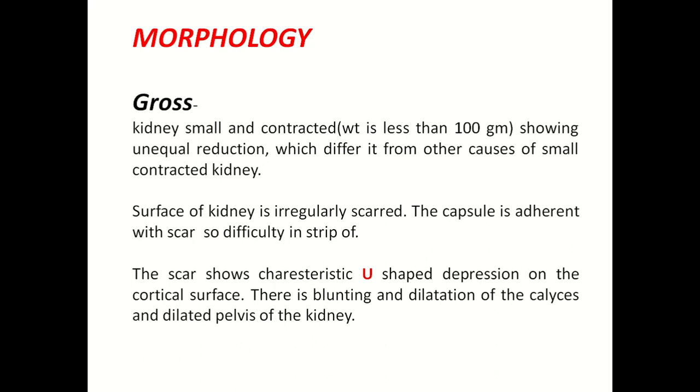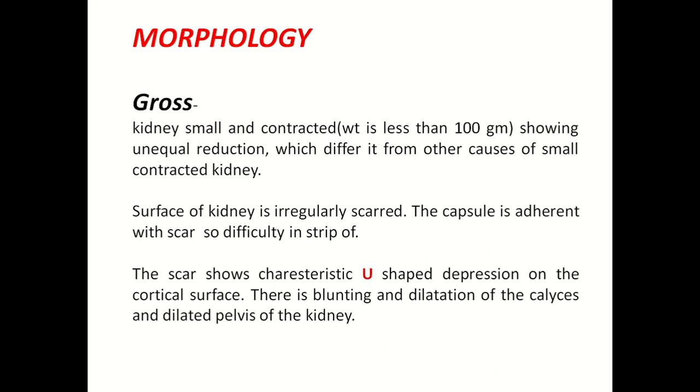Now, what is the appearance of the scar? Whether it is granular, regular, irregular, or diffuse. Here in chronic pyelonephritis, it is diffuse, irregular, and uneven. Meaning some scars are small, some are big, some at regular intervals, some at irregular intervals.